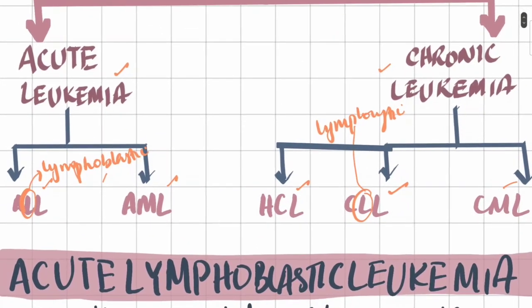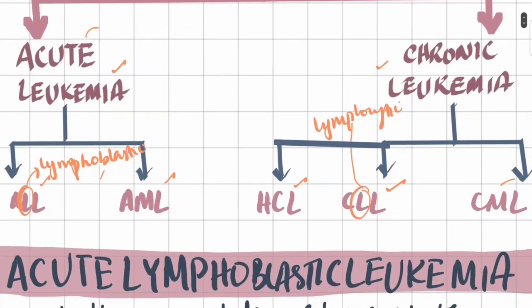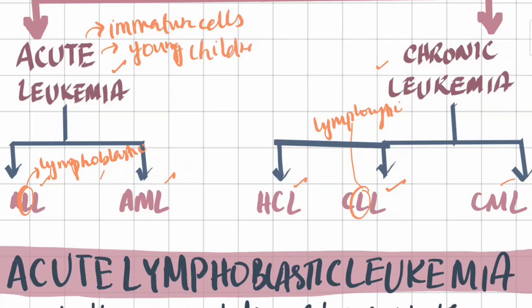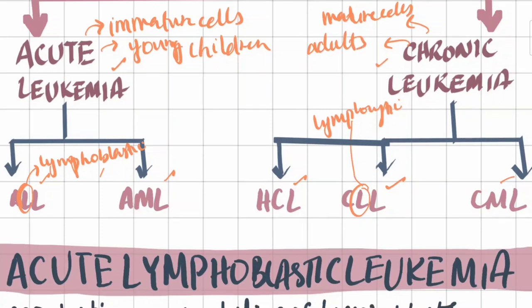So it is important to note right here that for acute leukemia, first we're gonna have immature cells, and because it's acute, it is going to be in young patients, or you could literally say children. And for chronic leukemia, we're gonna have more mature cells, and the patients are going to be adults.